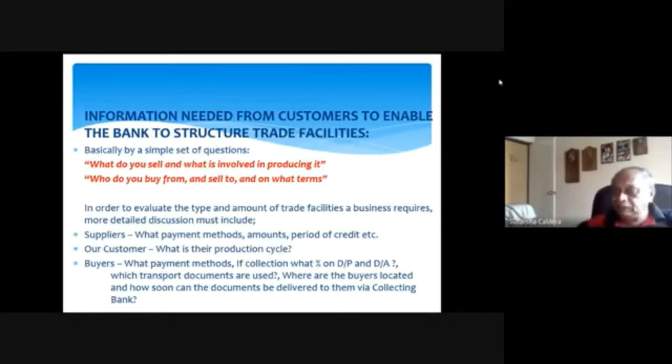Is it a BL, or is it an airway bill, or sent by truck? You have to check all of that. Where are the buyers located and how soon can the documents be delivered to them via the collecting bank?